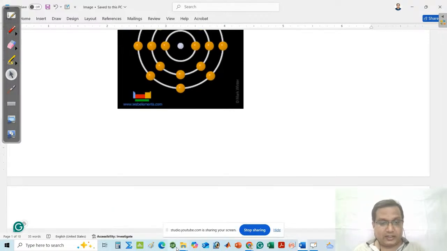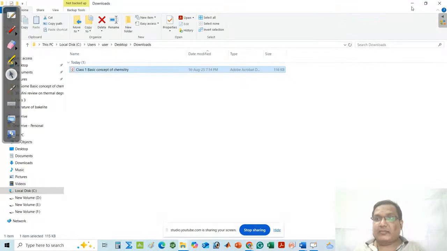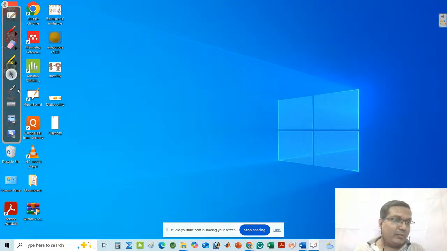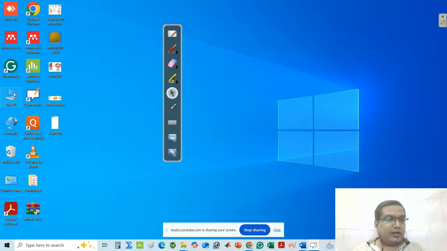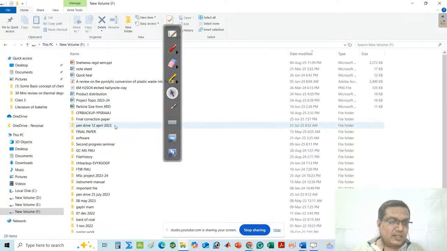That means we can say that the atoms which obey the octet rule and duplet rule are said to be more stable.